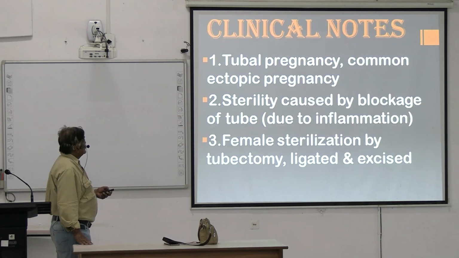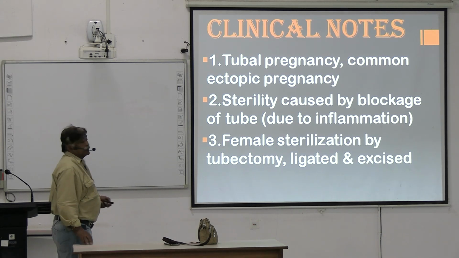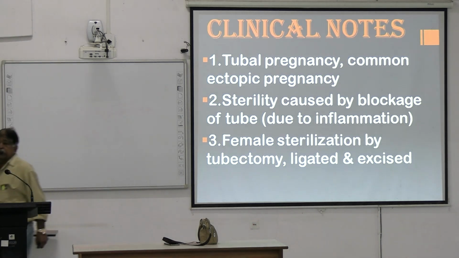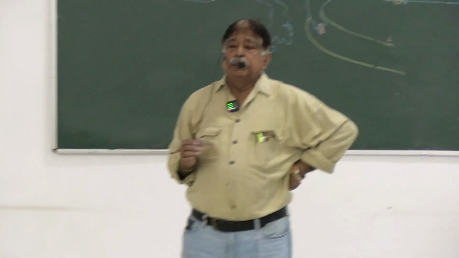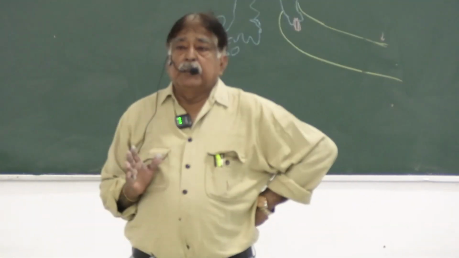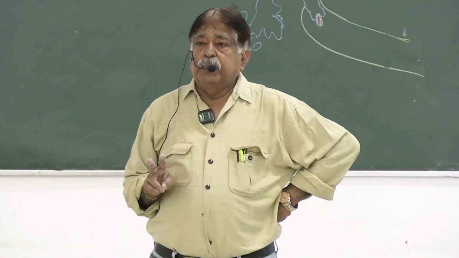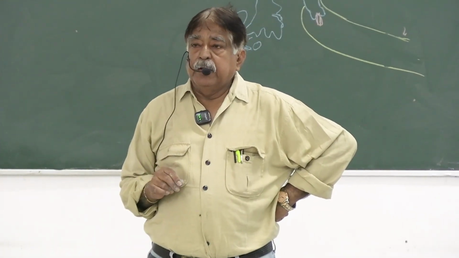hypogastric plexus. Clinical notes. Now tubal pregnancy, common ectopic pregnancy, sterility caused by blockage of tube due to inflammation, female sterilization by tubectomy, ligated and excised. Now hysterosalpingography, say a lady, she gave birth to 2 children.